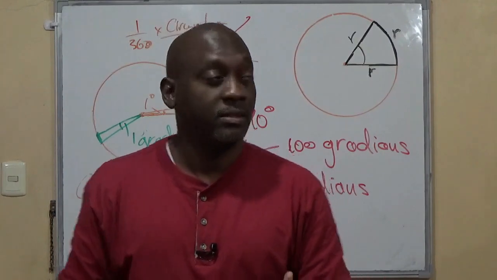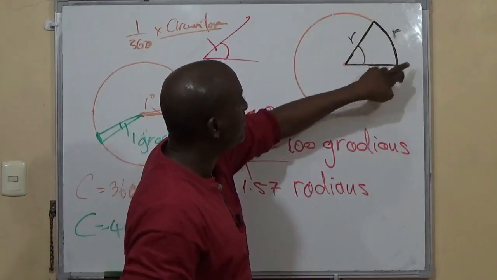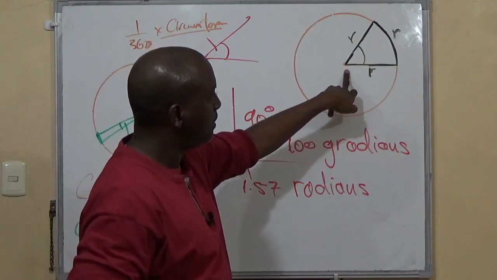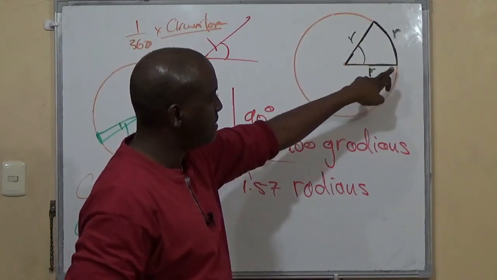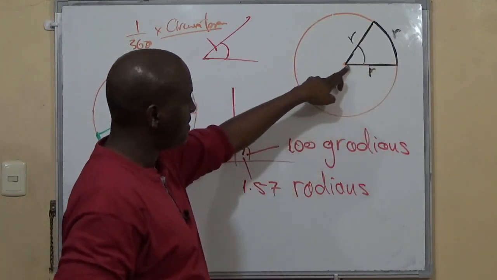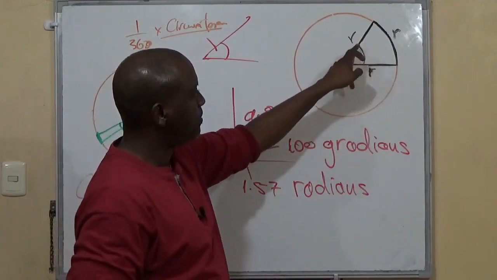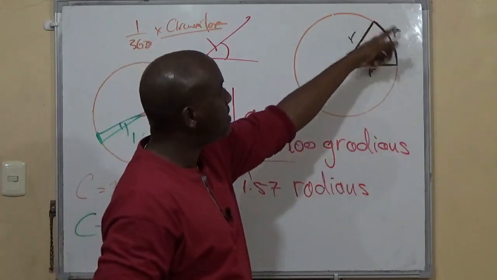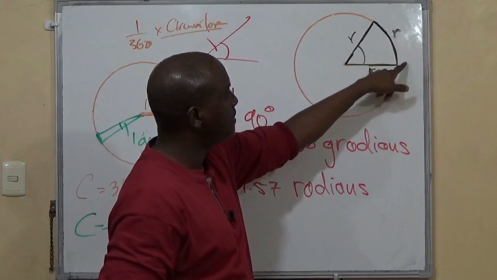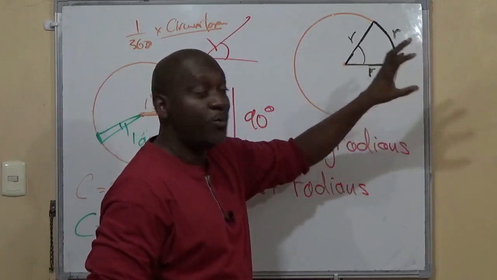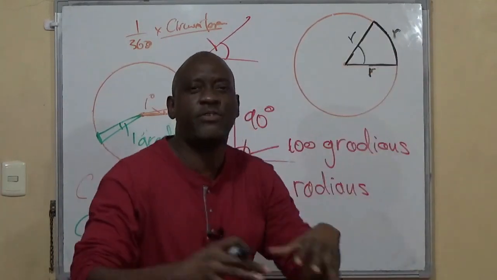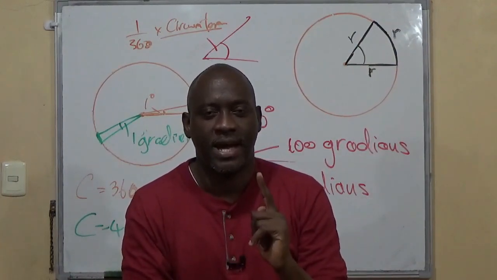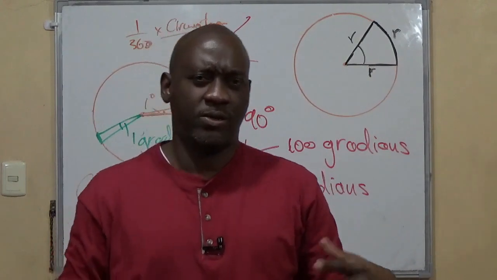Radius on the arc divided by the radius from the circumference to the center. That ratio will give you your measurement in radians. So we now define the length of the arc in terms of the radius, and not as 1 meter or 2 meters or whatever.